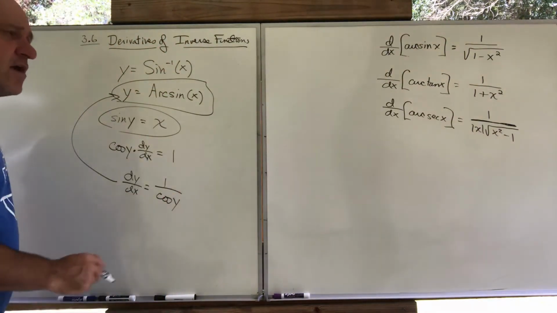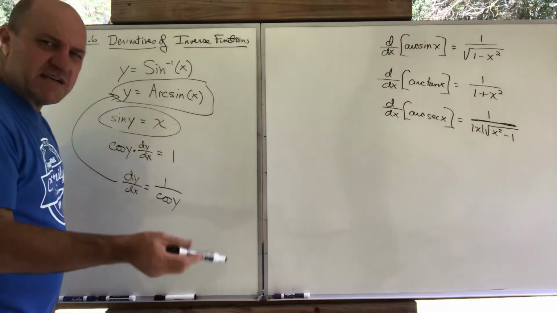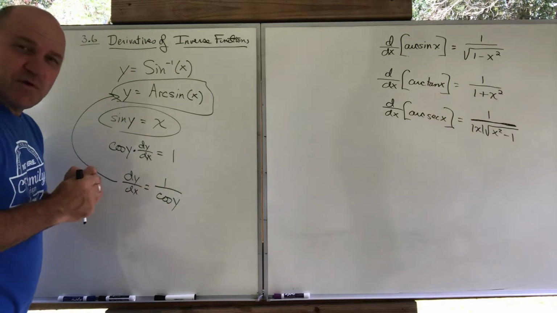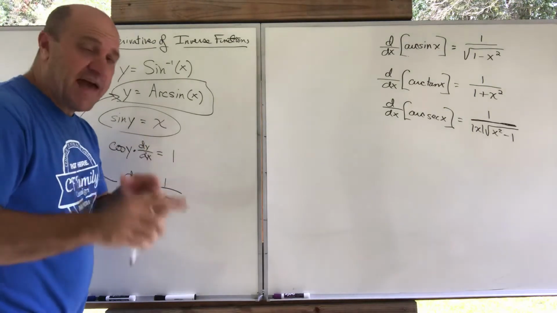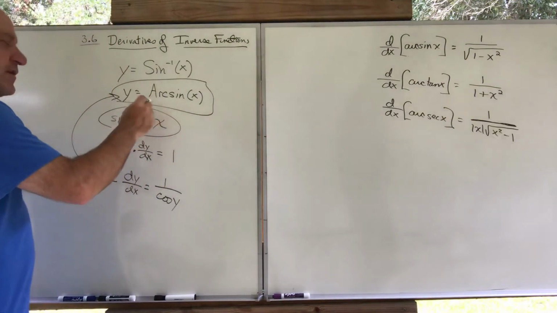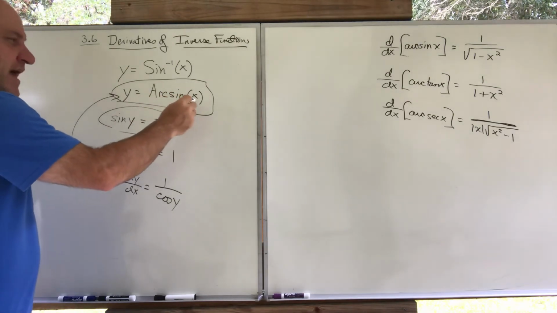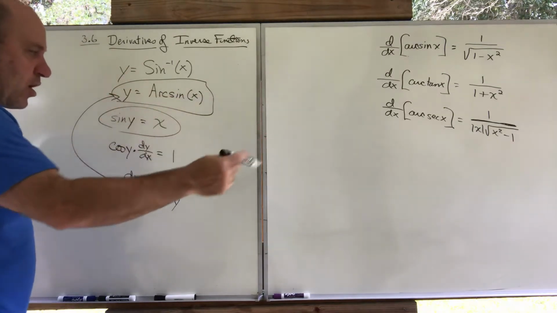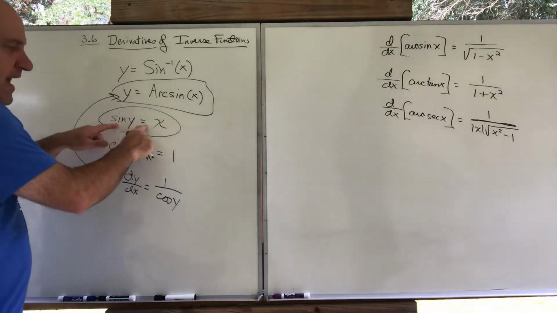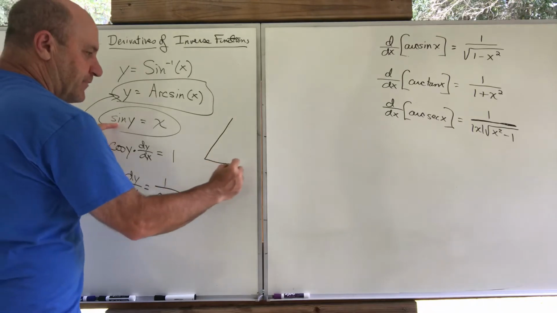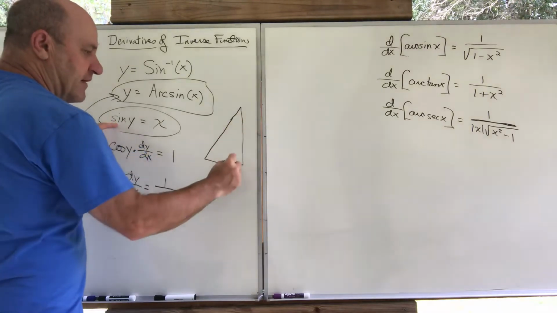And we do that by drawing a triangle. Whenever you're messing around with arc sine, arc tangent, it is an angle. And sometimes what you can do is draw a triangle for that angle. So here's what I'm saying. The arc sine of this number x is this angle y, or the sine of angle y is x. If you drew a picture of that, draw a right triangle.